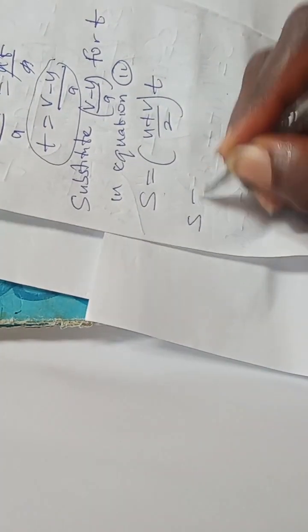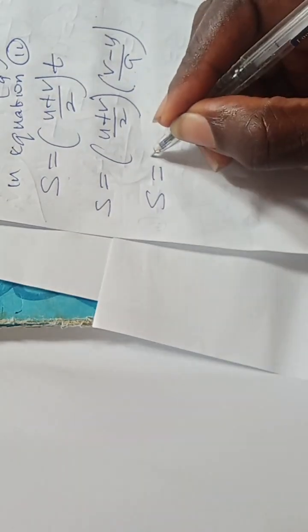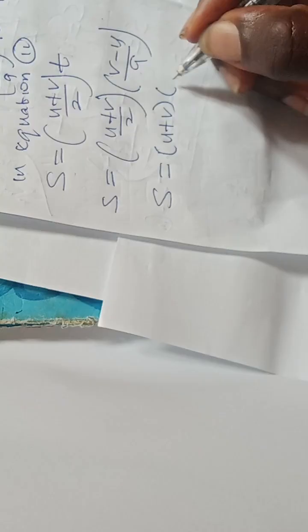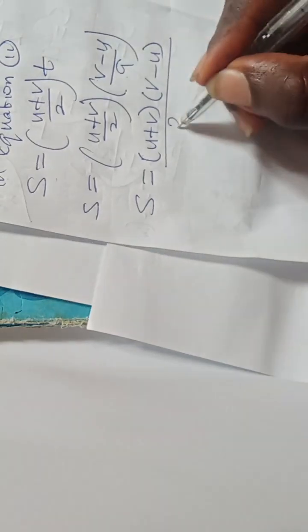So therefore s is equal to u plus v over 2, all into bracket t, and t is v minus u over a. So we multiply the numerators separately: u plus v times v minus u, all over the denominators 2 times a, 2a.